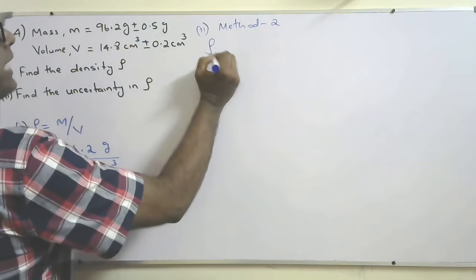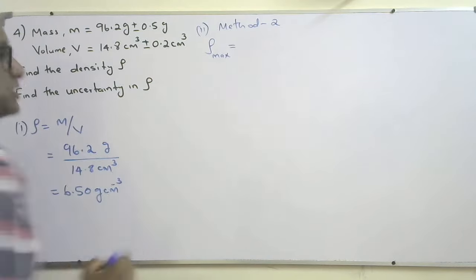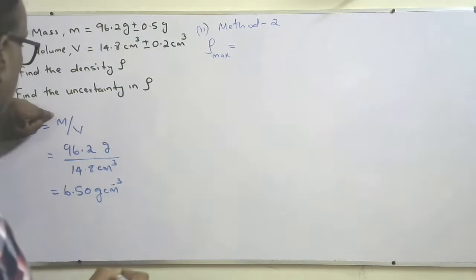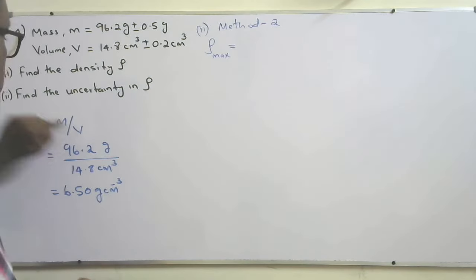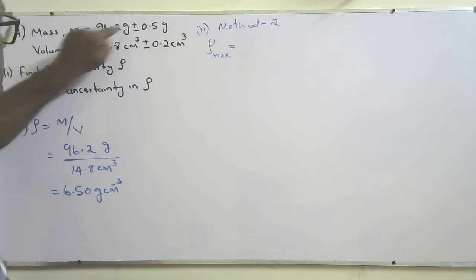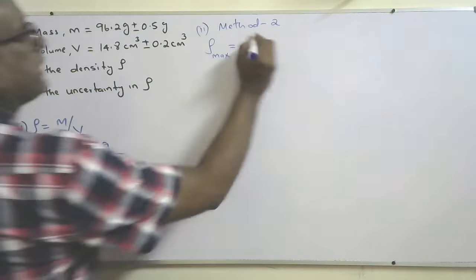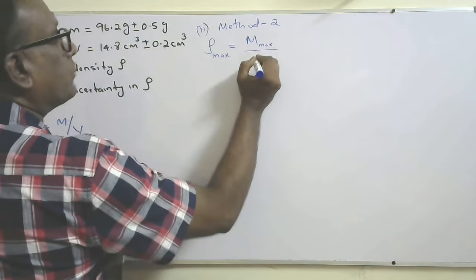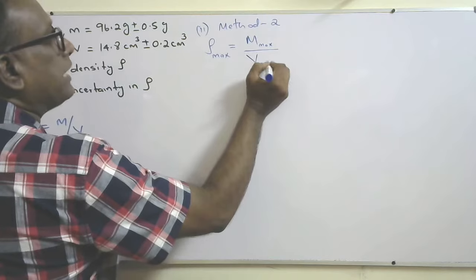So rho max: I need to find the maximum density. To find the maximum density, I should consider the maximum mass and minimum volume. Maximum mass means mass plus 0.5. So maximum mass over minimum volume.